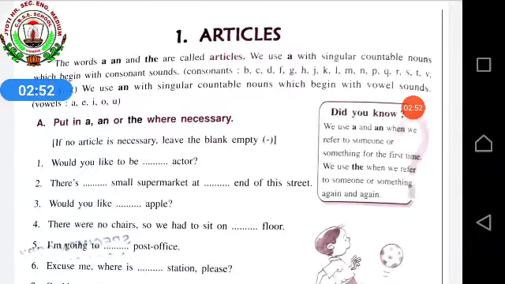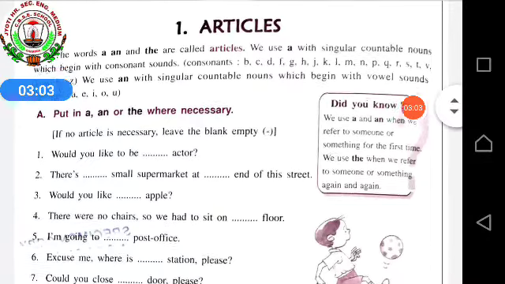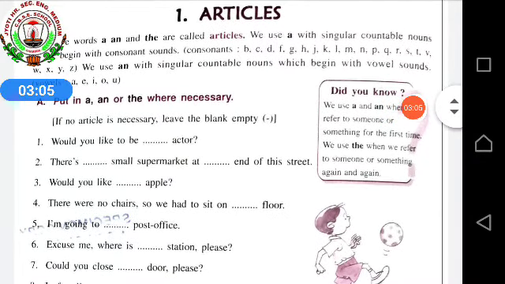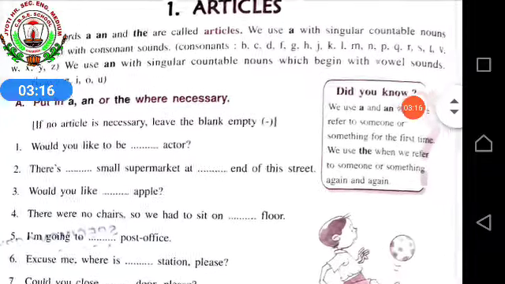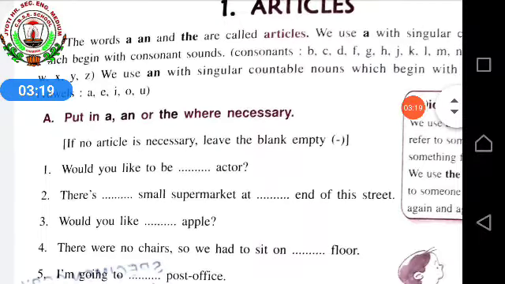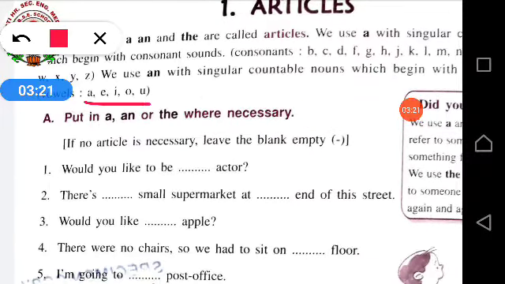B, C, D, F, G, H, J, K, L, M, N, P, Q, R, S, T, V, W, X, Y, Z. And we use an with singular countable nouns which begin with vowel sounds. And what are those vowels? A, E, I, O, U. Okay? So let's start with the exercise part.